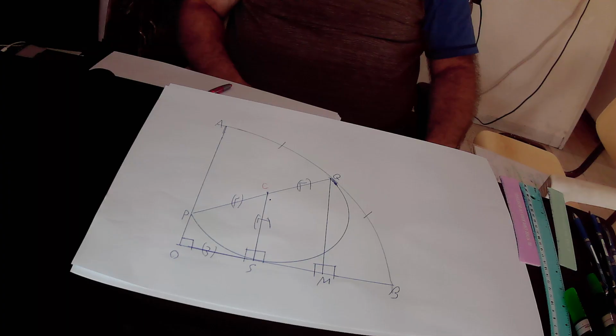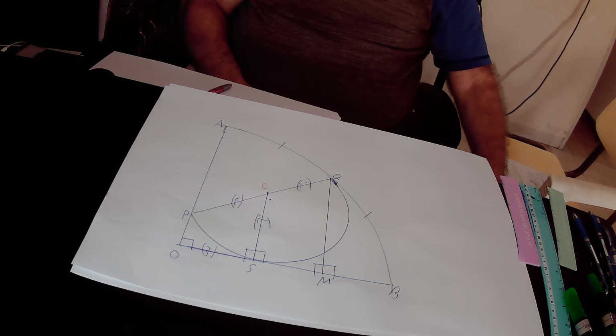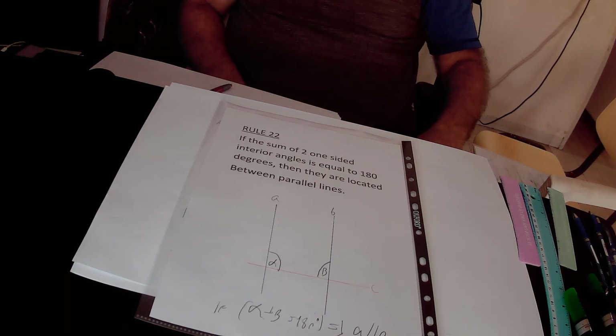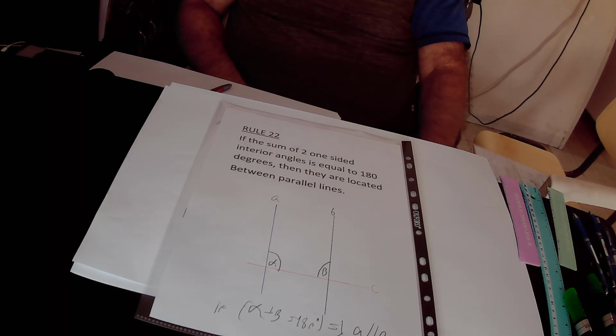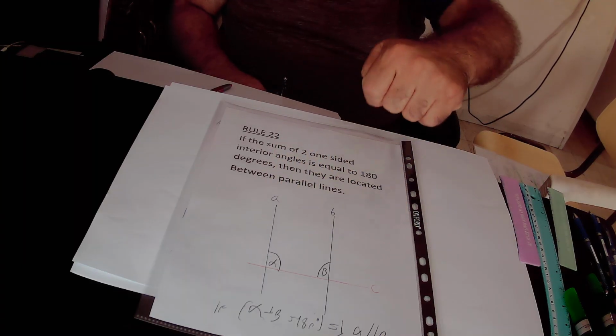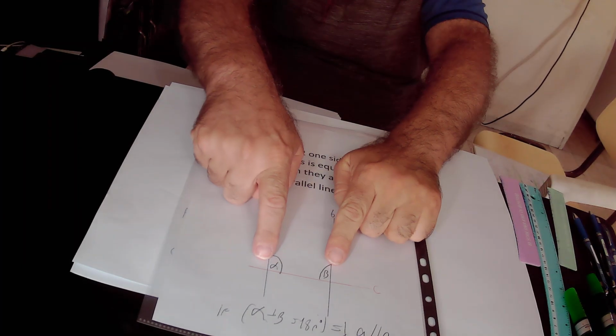So here we can implement rule 22. According to rule 22, if the sum of two one-sided angles is equal to 180 degrees, then they are located between parallel lines. In the drawing, we have line A and line B. The red line C cuts those two lines at those two points.